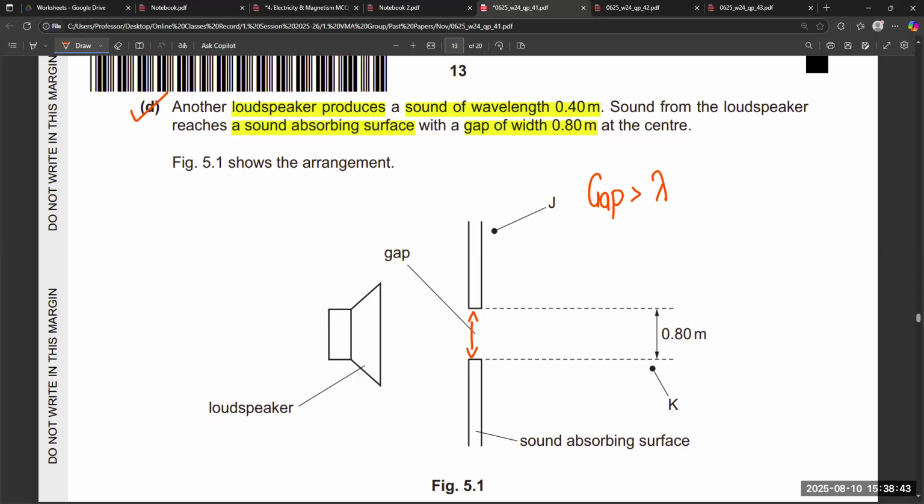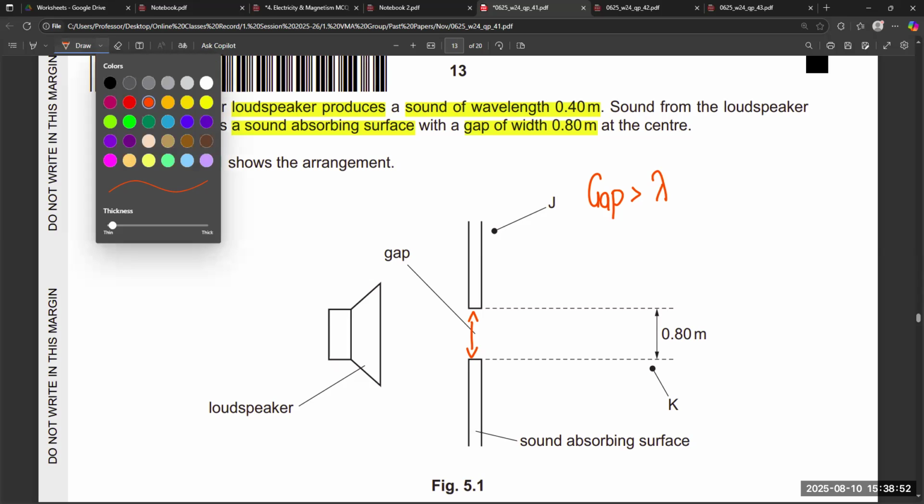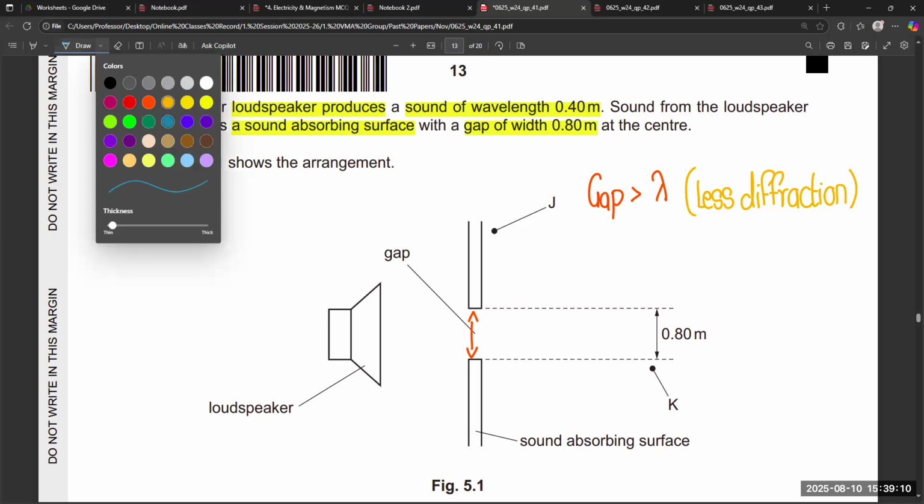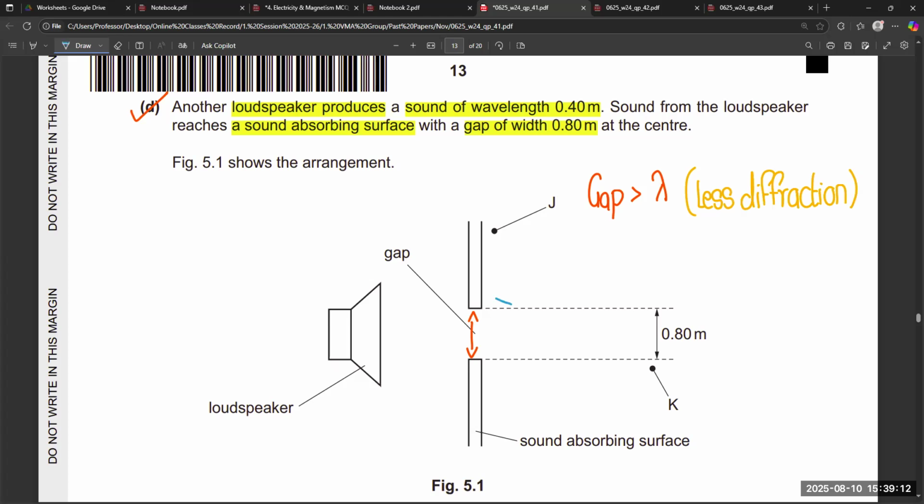So wavelengths are small. So this time we have less diffraction because of the large gap and small wavelength. So we have less diffraction, and because of less diffraction, we will get slightly curved wavefronts.